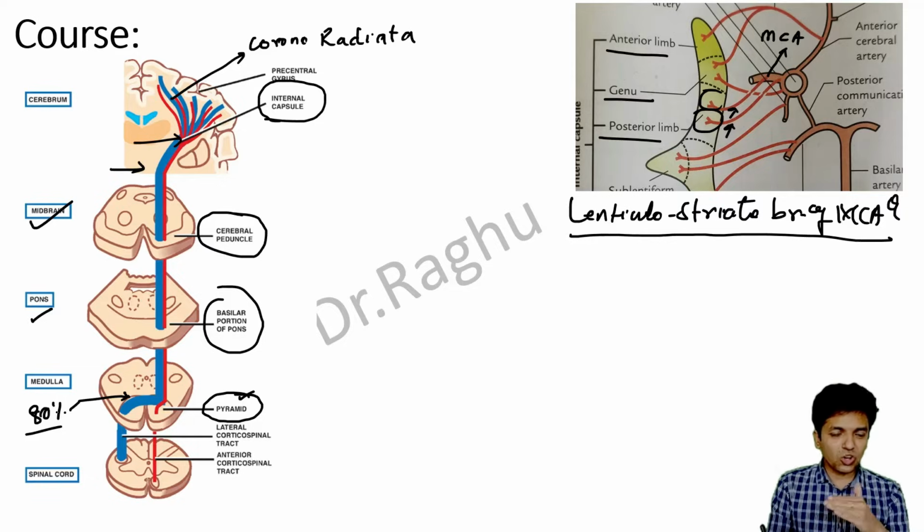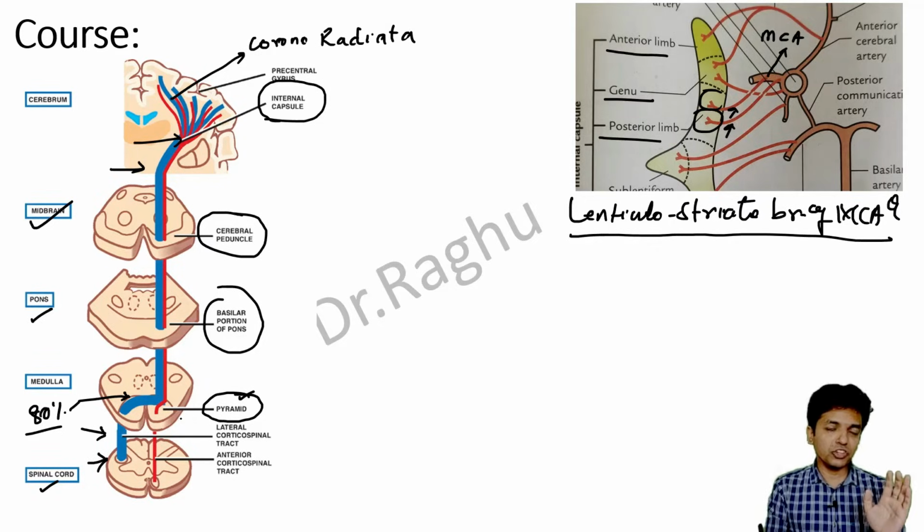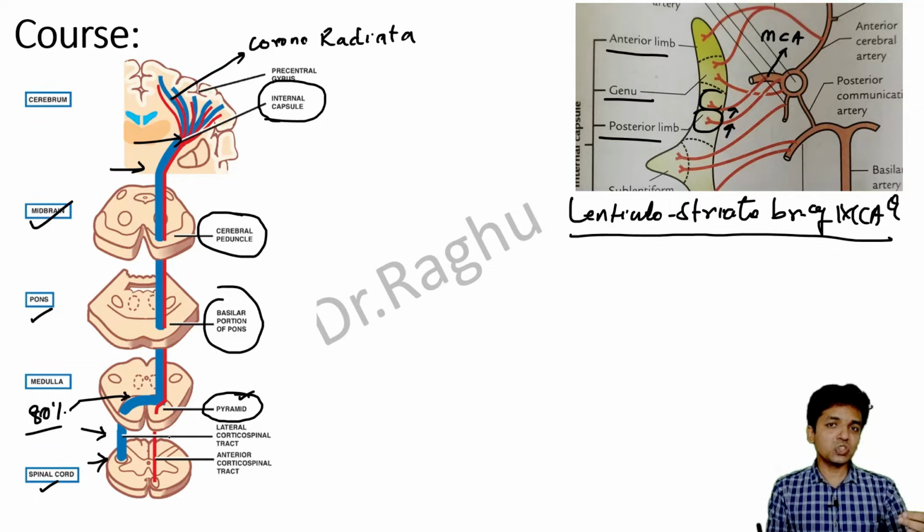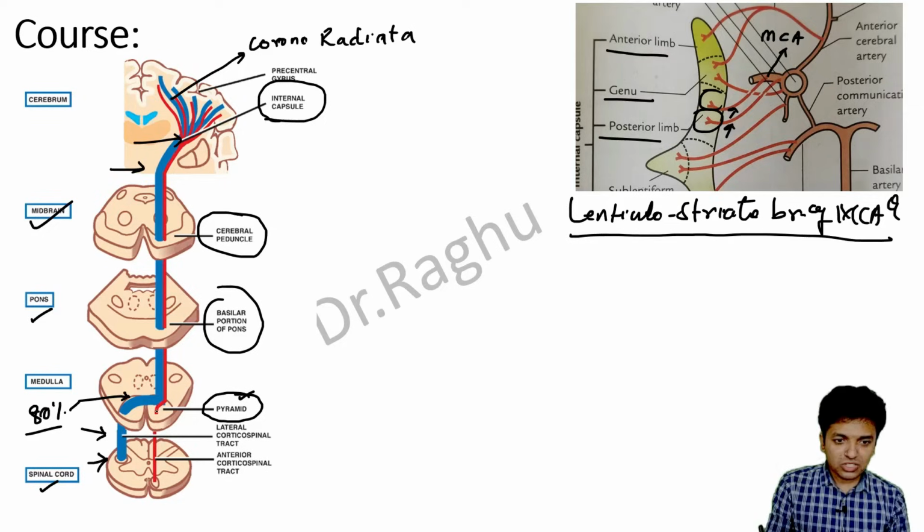And once they have crossed over, they further descend onto the spinal cord and enter into what is called the lateral white funiculus of the spinal cord. Now what is happening to the remaining 20% of the fibers?